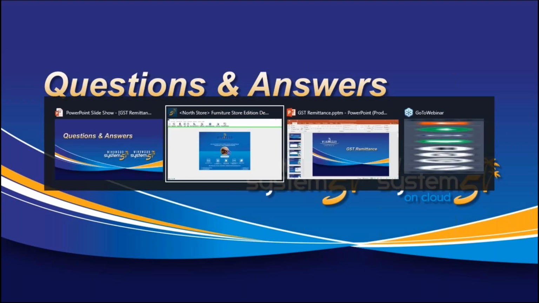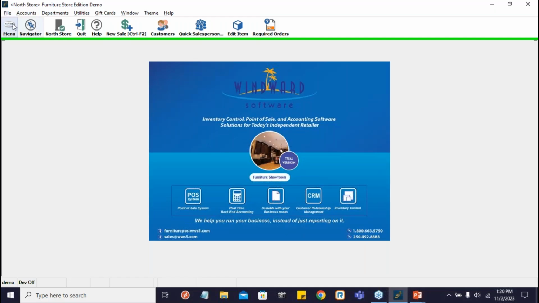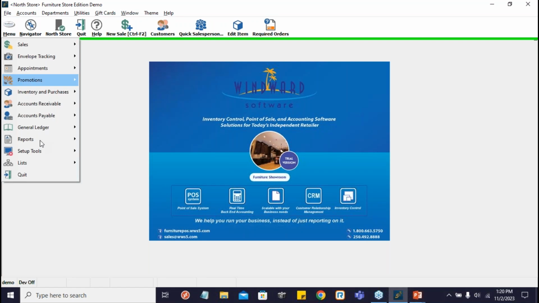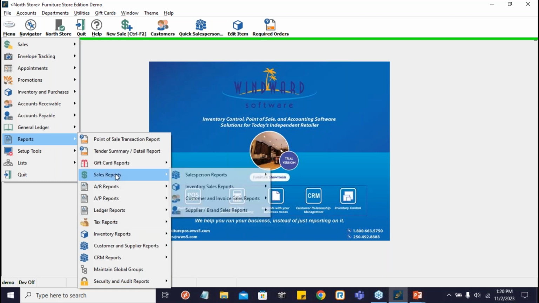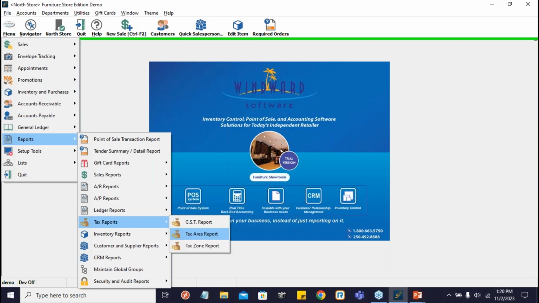Actually, the difference is just what those two reports provide you. For example, this tax area, I'm just going to go PST. It gives you the same amount, but there are some details in the tax zone report that this tax area report doesn't have.